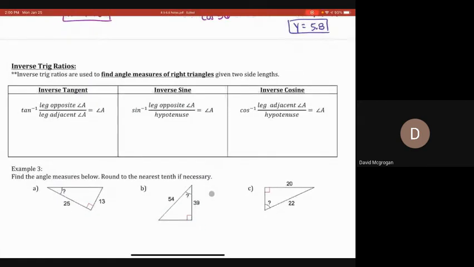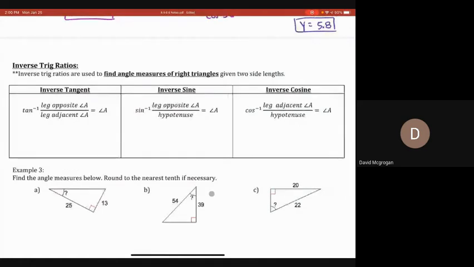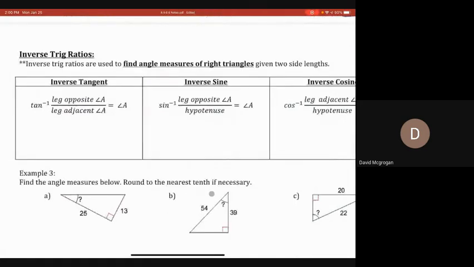Personal opinion. Okay, and honestly, this is just as easy. So inverse trig ratios are used to find angle measurements given two side lengths. So with inverses, we are literally just taking what we're doing and switching things around to find an angle measurement. This little -1, see how it says tangent -1? That means inverse. That is the mathematical labeling for inverse. So this would read inverse tangent. You use the leg opposite angle A over the leg adjacent angle A, because tangent is opposite over adjacent, equals your angle measurement.